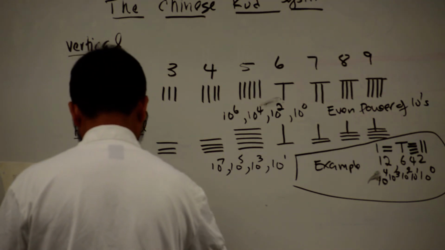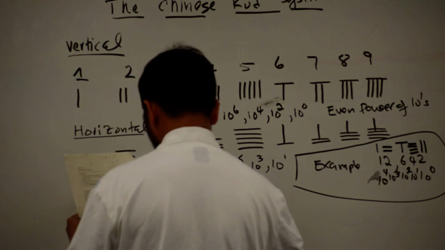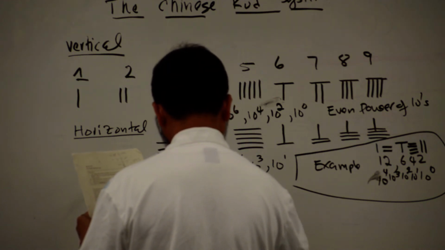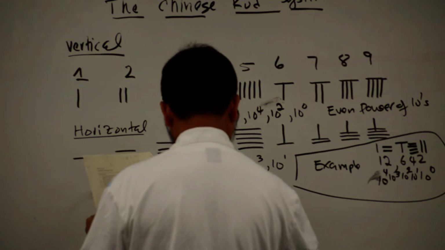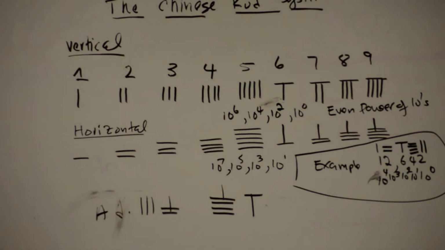For small d, we have 3, 7, there's a space there, 1, 2, 3, 4, and that's 6, okay? So again, if there's a space, then you have to insert the 0 there because there's no space in the Chinese rod system.